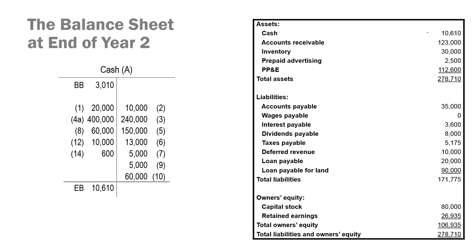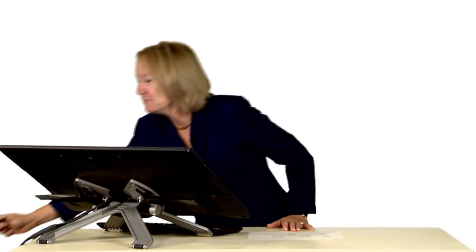Now notice, so again, several things we want to check. Assets are equal to liabilities plus owner's equity. Nice work.